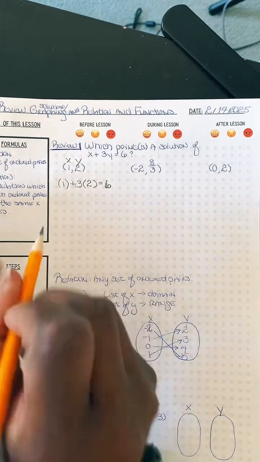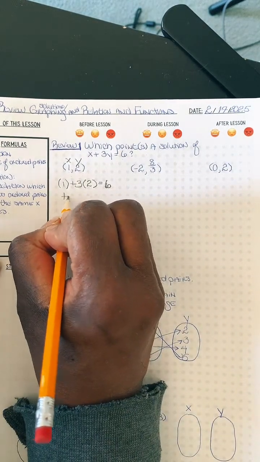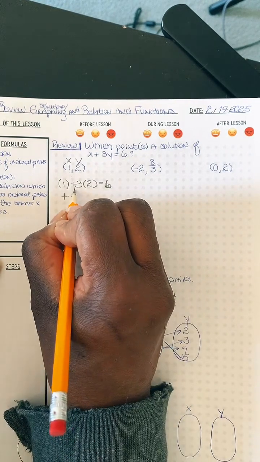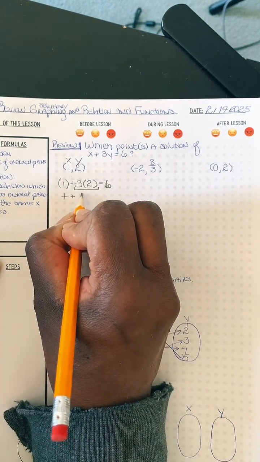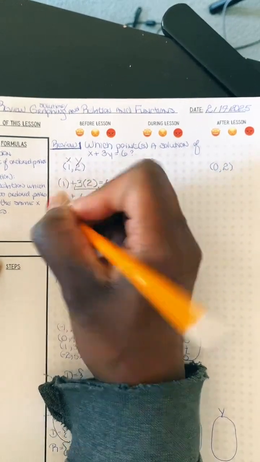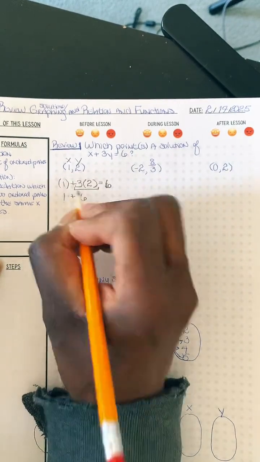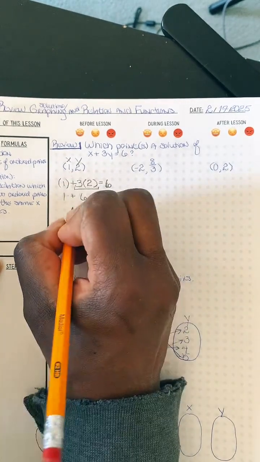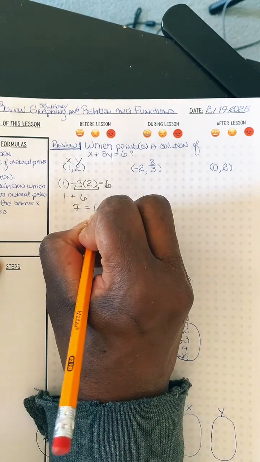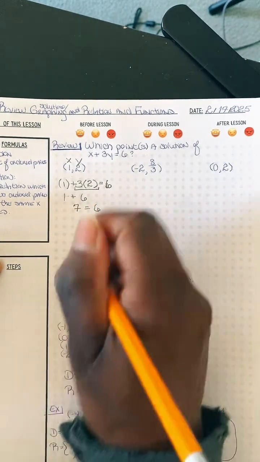So we have our 1 plus 3 times 2. 3 times 2 gives me 6. And now we have 1 plus 6. That gives me 7. And last time I checked, 7 doesn't equal 6.